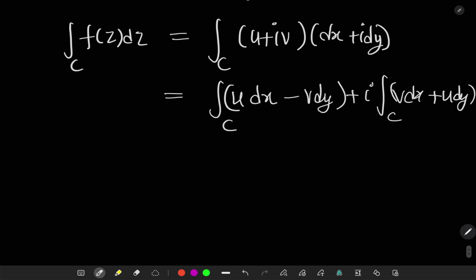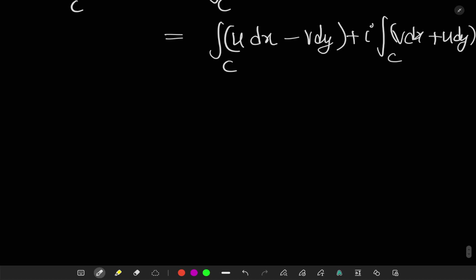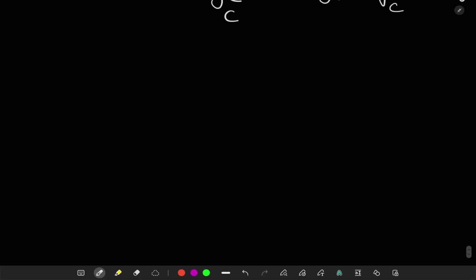Now for doing complex integration, first of all we need to understand what a simply connected region is. A connected region is said to be simply connected if all the interior points of a closed curve drawn in a region are points of the region. Another condition is multi-connected region.